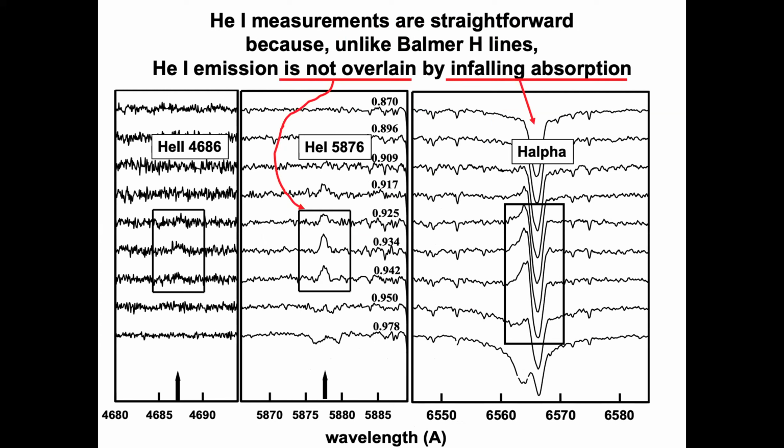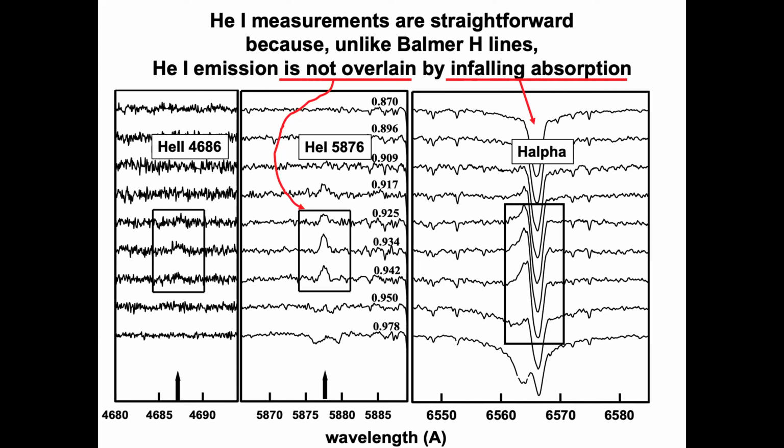The hydrogen is so abundant that throughout the declining light and during the infall phases, the spectrum is overlain by this strong H alpha line formed by the infalling gas, and it's redshifted. And it's present in all the spectra, whereas in the case of helium, it isn't. The helium, you see, just a glimmer appears at phase 0.909 in this star. Then it grows stronger and stronger, and there's no absorption components to distort it.